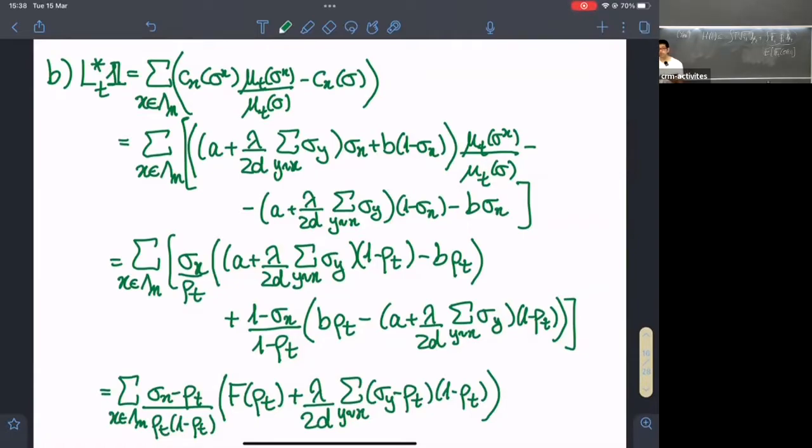Because the Bernoulli product measure of constant density is an invariant measure for the exclusion process, which means that the exclusion part applied to the constant function equal to 1 is equal to 0. It means the L star of the exclusion part is again the generator of a Markov chain. So that's an additional layer of simplification.